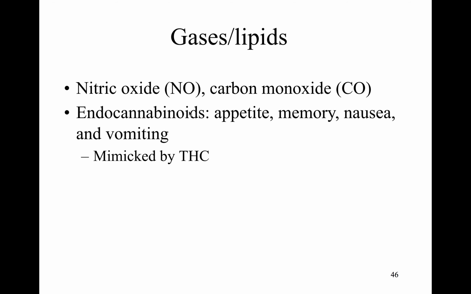So endocannabinoids are neurotransmitters that are released in neural pathways that regulate appetite, memory, nausea, and vomiting. And endocannabinoids are actually mimicked by THC. So THC, which is the active ingredient in marijuana, is actually going to bind to endocannabinoid receptors in order to also then cause changes in appetite, memory, nausea, and vomiting.